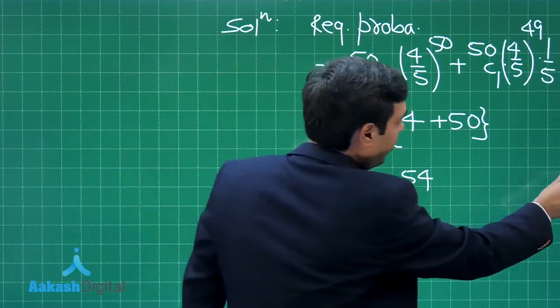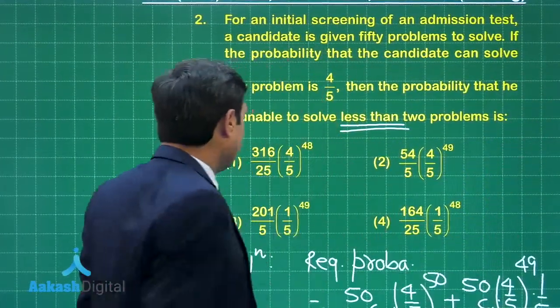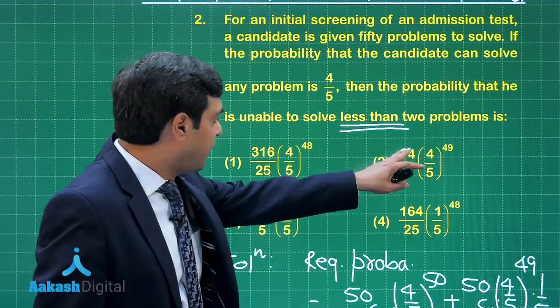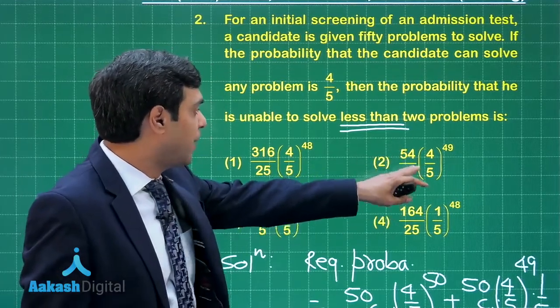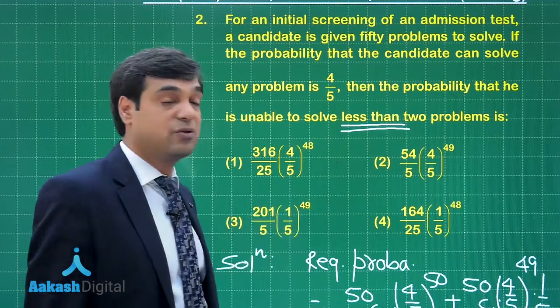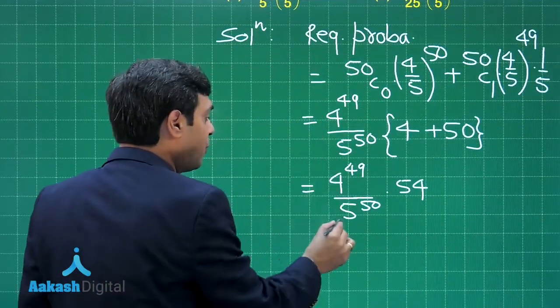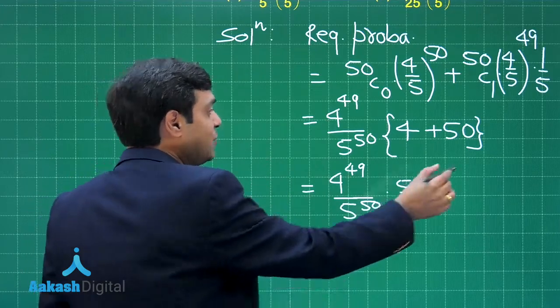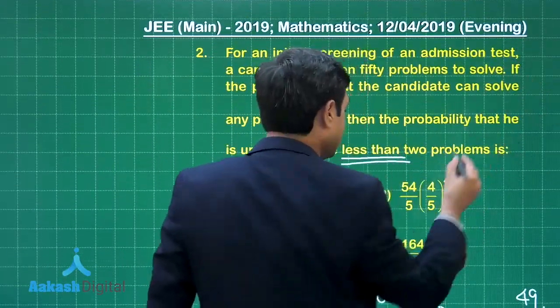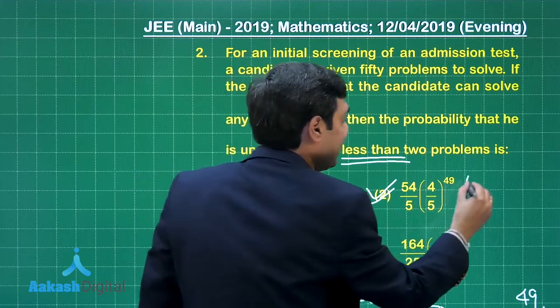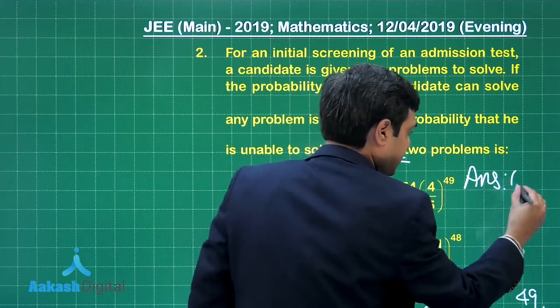Let's see from the given options. The given option reads 54/5 multiplied with (4/5)^49. We can see that it is clearly (4/5)^49 into 54/5. So yes, option number 2 is the correct answer.